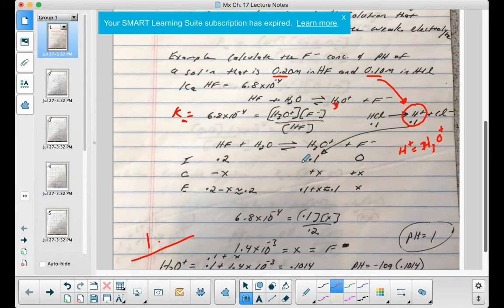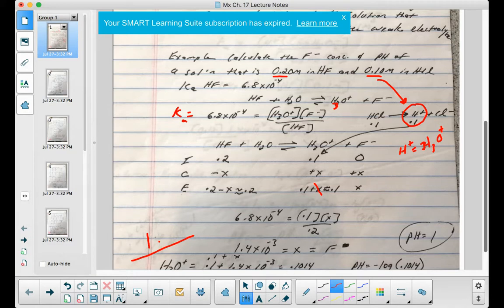But I do know that the amount that I get from the ionization of my weak acid here is minuscule. So I'm going to ignore it and just say that I effectively have 0.1 of the hydronium ion. So now I'm going to say 0.2 minus x, which we have said is not very significant. We're just going to call it 0.2. We're going to call the hydronium ion 0.1, and now we're going to figure out what the fluoride ion is.